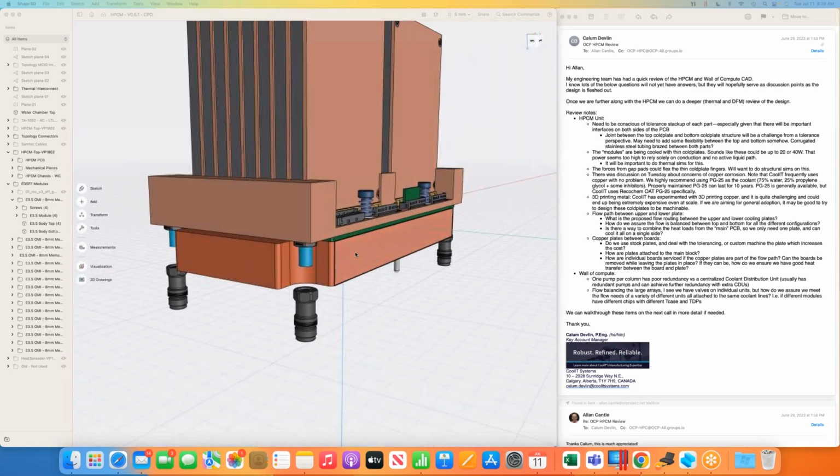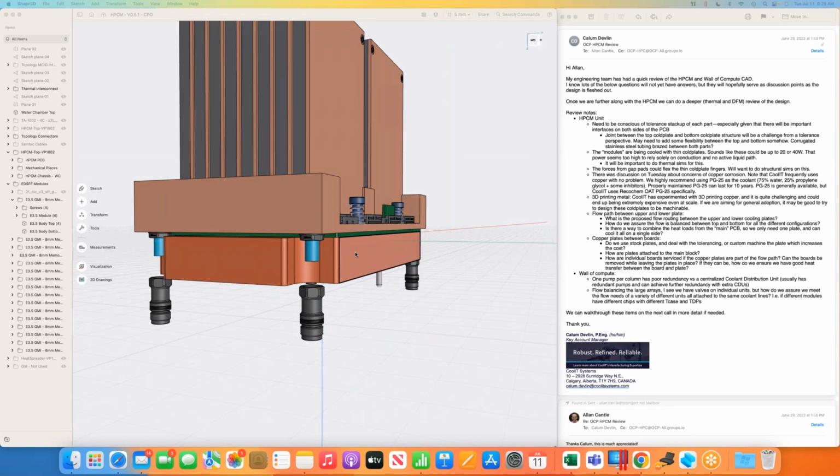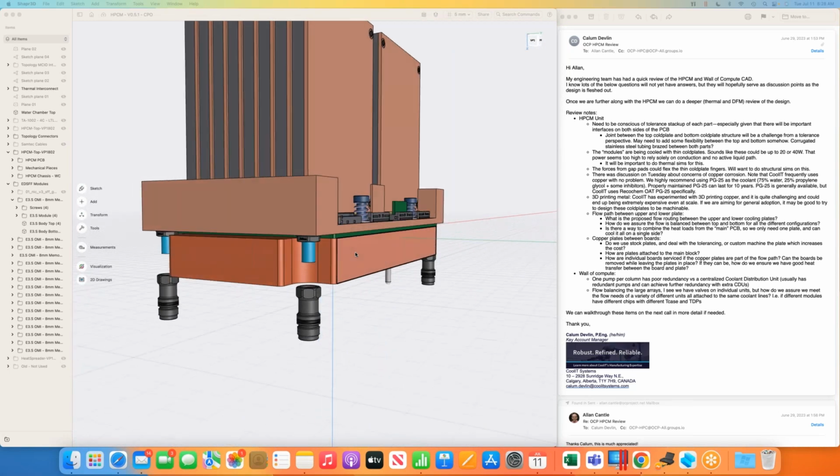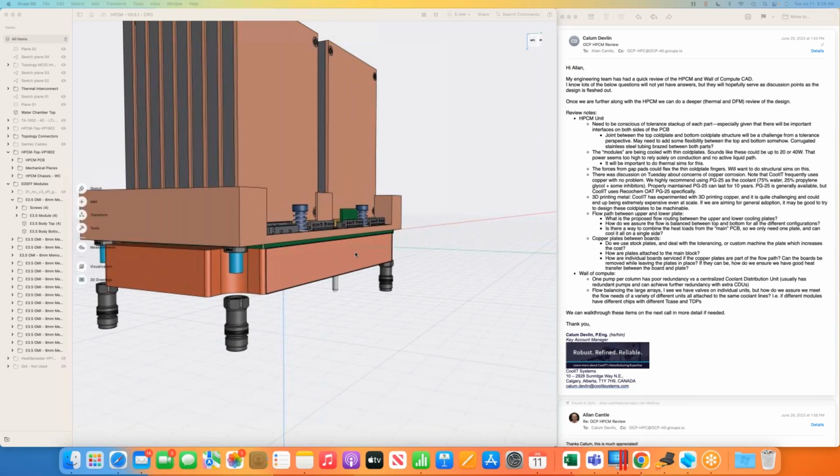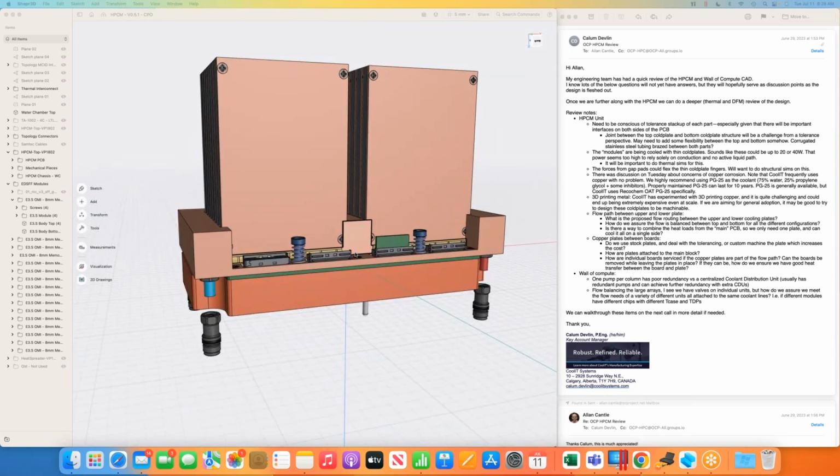Is this fundamentally flawed, or is there another way that we could attach these two parts? Is that fair to say, Callum? Yeah, I think so. I think a bit of mechanical analysis needs to happen for that joint.